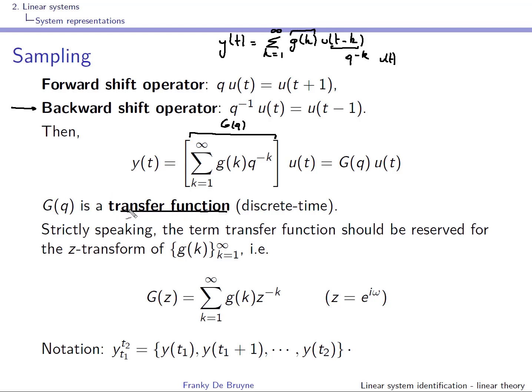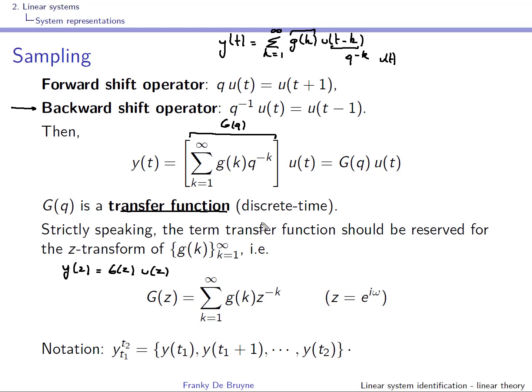Well, strictly speaking, this is not really a transfer function, because the word transfer function is reserved to the z transform of the impulse response, and if you use g(z), its z transform, then you have to write y(z) = g(z) u(z). Okay, you go to the z domain.